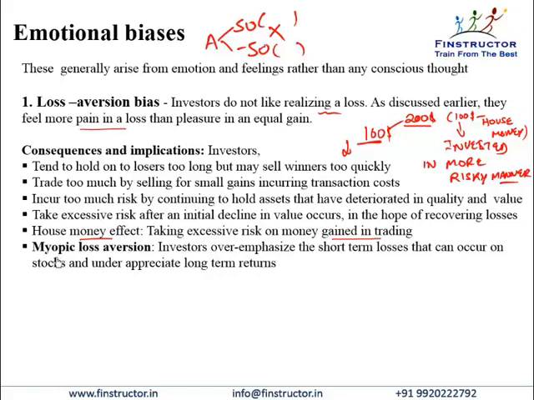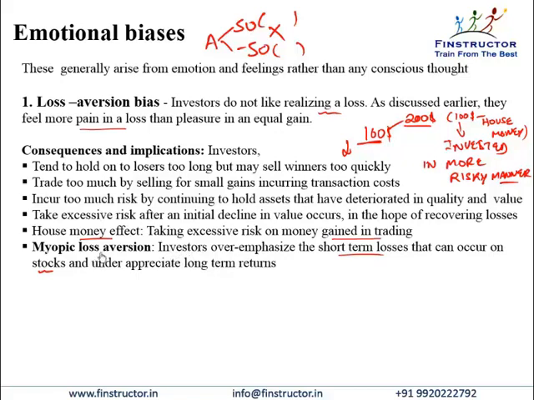Loss aversion will also lead to myopic loss aversion. That is, when shown equity market returns and when shown the volatility of stocks, investors avoid stocks because they see there's a possibility of a short-term loss that they don't want to accept. So in the short run, they avoid stocks and tend to invest more in fixed income securities.